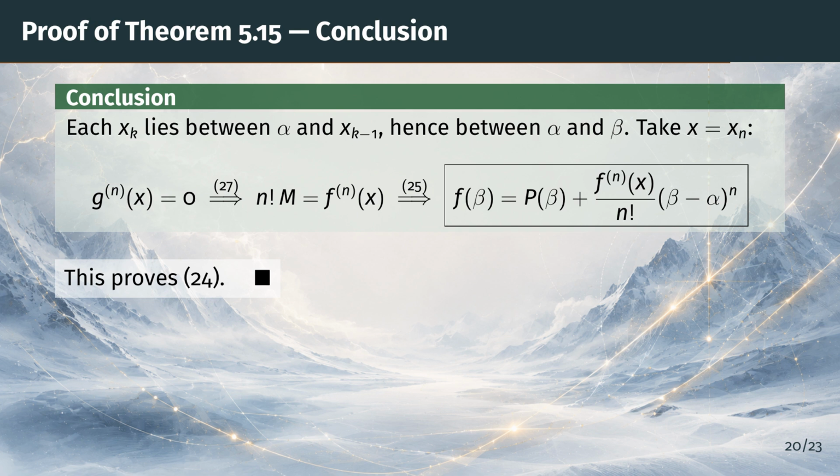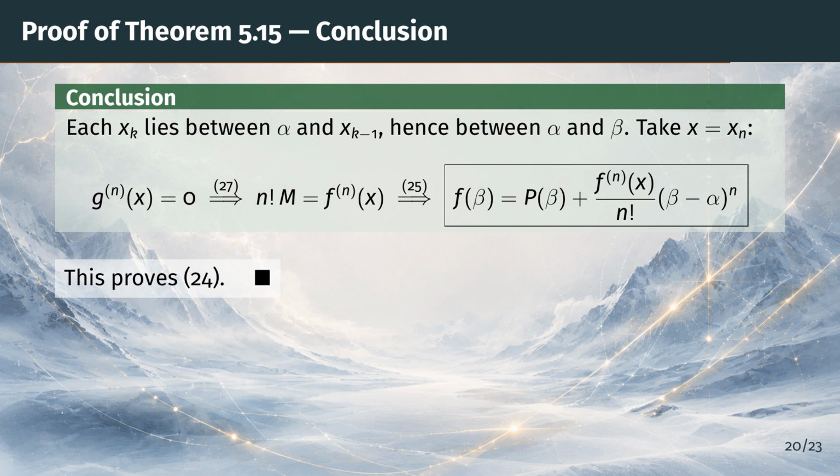The cascade tells us the derivative of order n of g vanishes at x. Feeding this into equation 27, the derivative of order n of f at x equals n factorial times m, and substituting this value of m back into the defining equation 25 yields the boxed formula: f of beta equals p of beta plus the derivative of order n at x over n factorial times beta minus alpha to the power n.